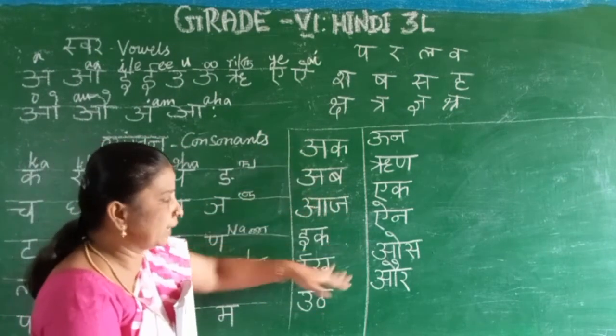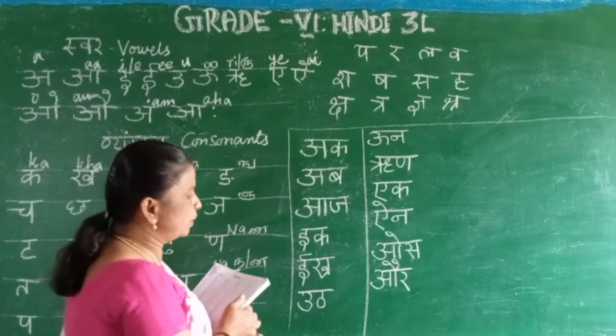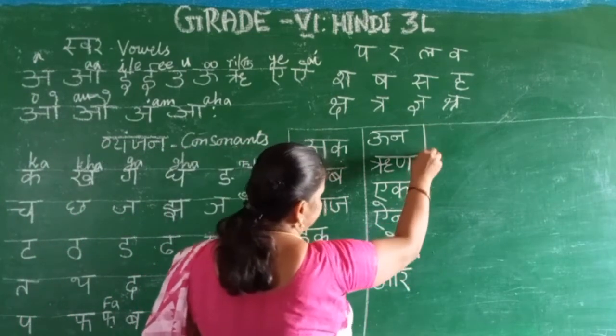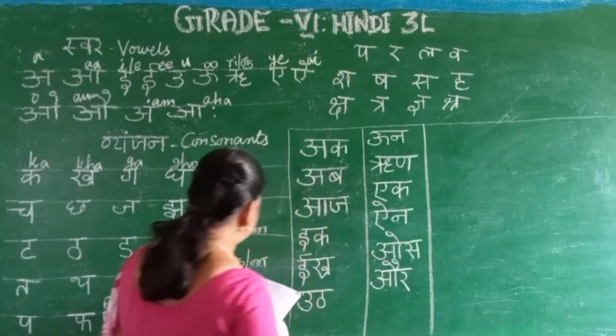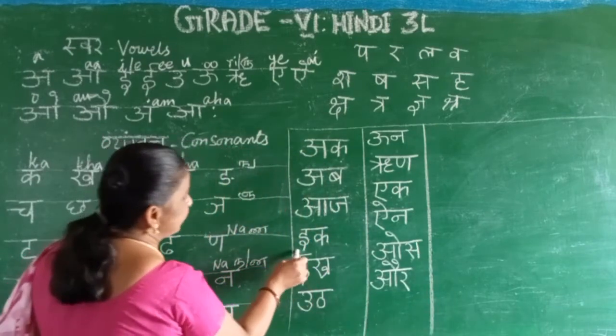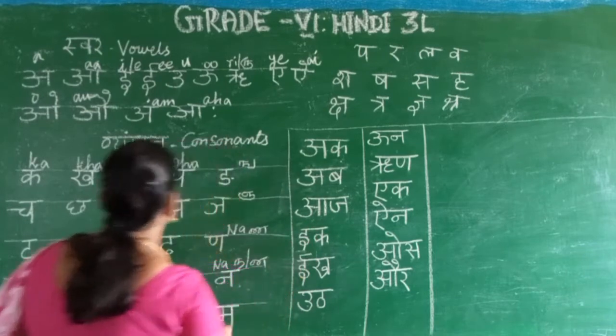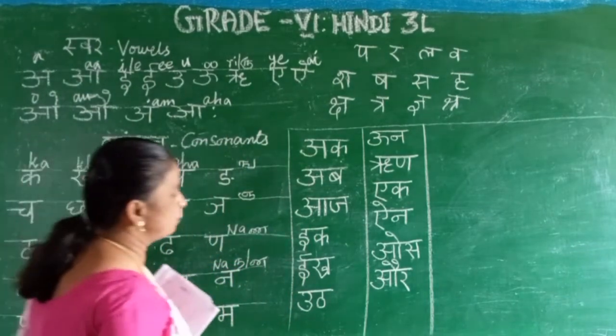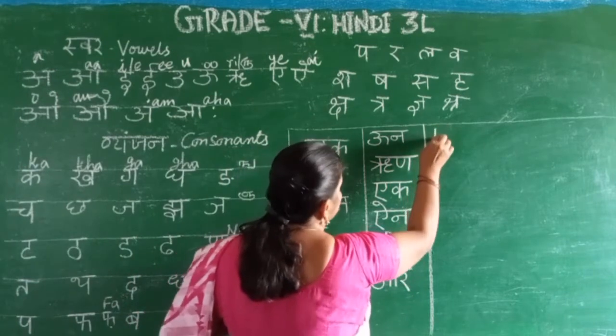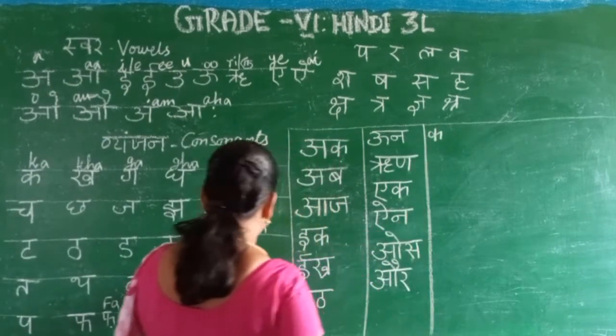These all are 2 letter words, and there are so many 2 letter words. In another consonant, the first letter is all vowels. Do you know that? And next I take the consonants one by one. First letter what? Ka.